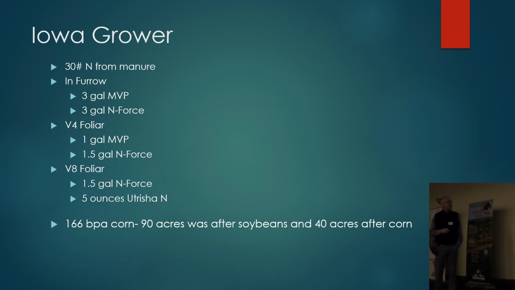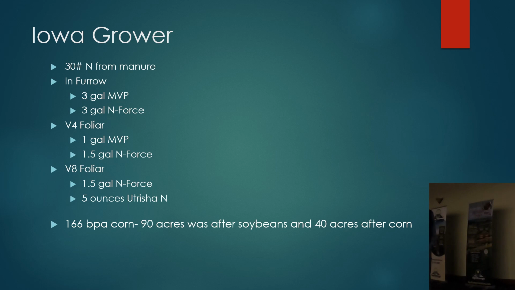He came back and did 2 foliars, one at V4, one at V8, using more MVP and N-Force, and then at V8, the Nutrition or Blue N, again, endophyte, nitrogen fixing organism that can fix up to 40 pounds of nitrogen. And he grew 166 bushel corn per acre on that program.